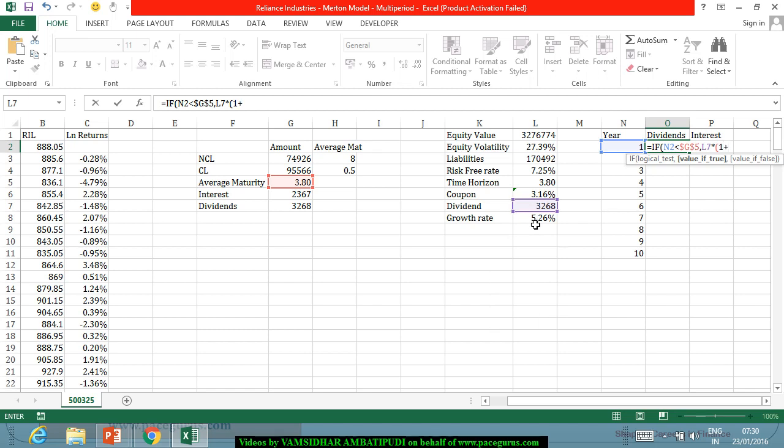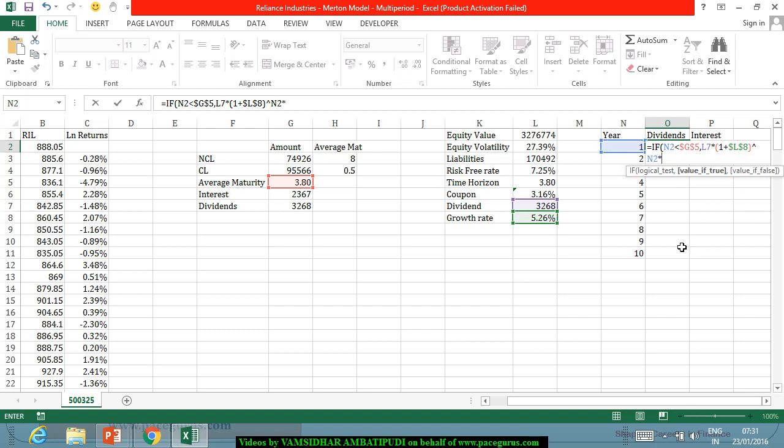So I'll take the dividend growth rate as this much. I'll expect that the dividend will grow at this particular rate, and I'm raising it to the power of the number of periods, because this is the dividend that I am going to get at the end of 1 year. This is the dividend that I have got in the current year. So there will be an increment.